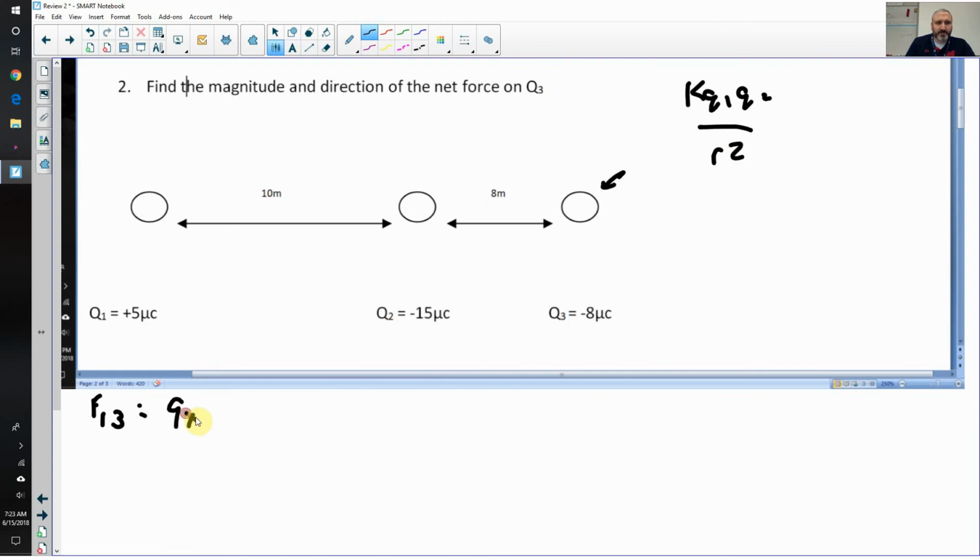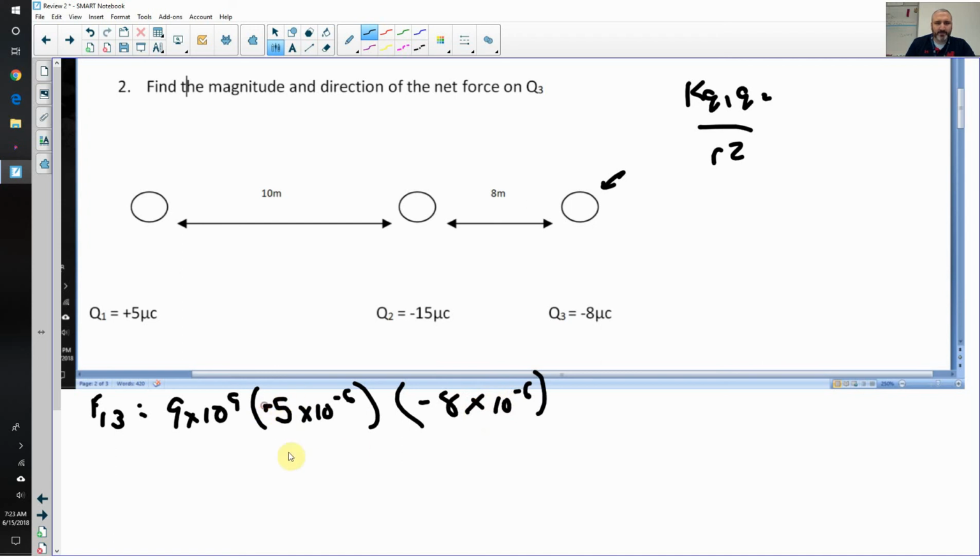So 9 times 10 to the 9th times 5 times negative 8. We weren't nice enough not to do micro and milli. So 5 times 10 to the negative 6 times negative 8 times 10 to the negative 6.